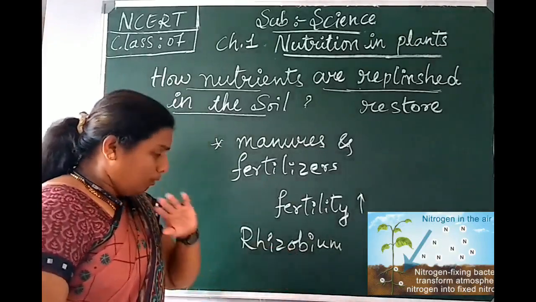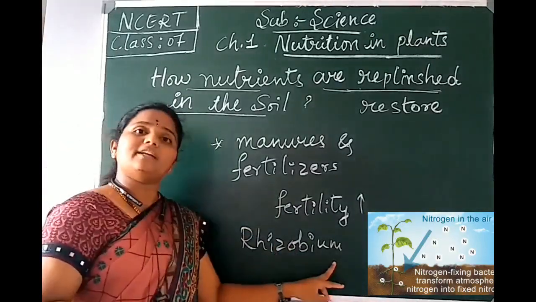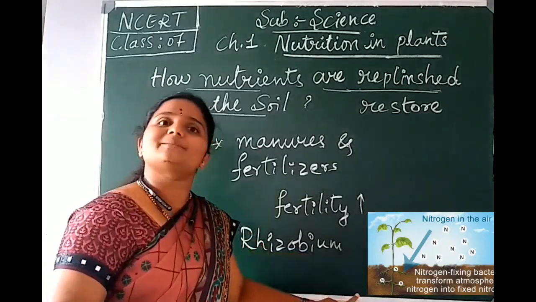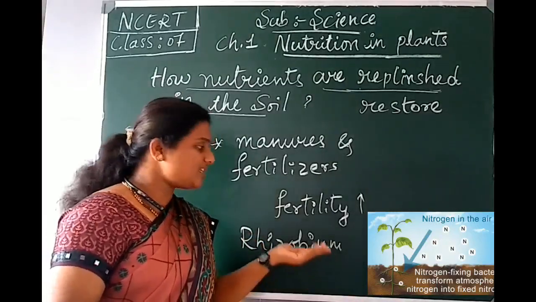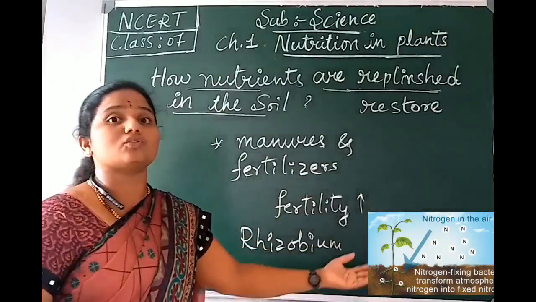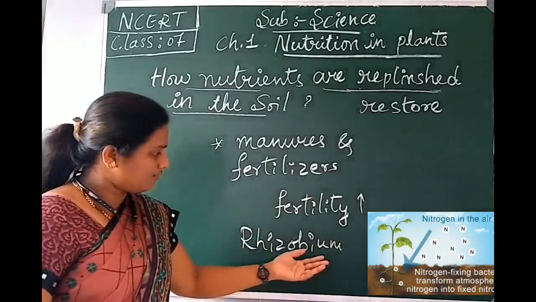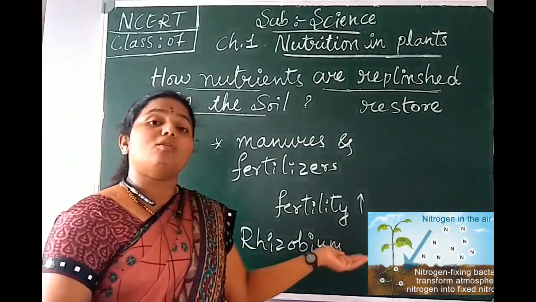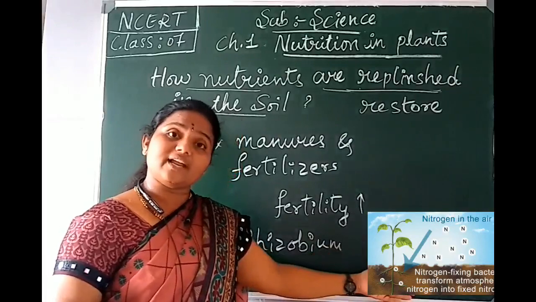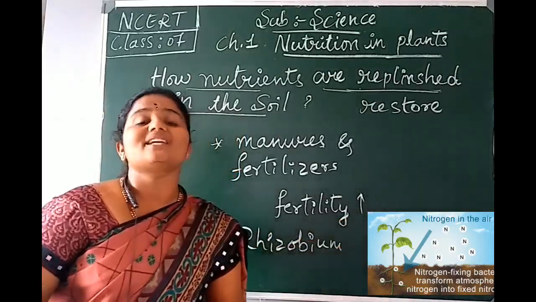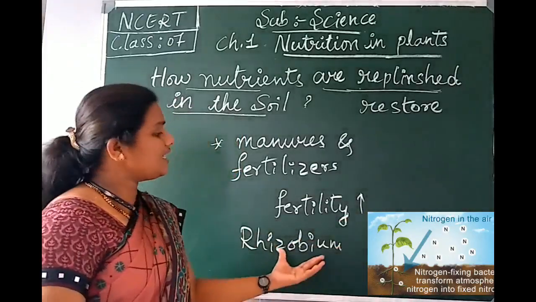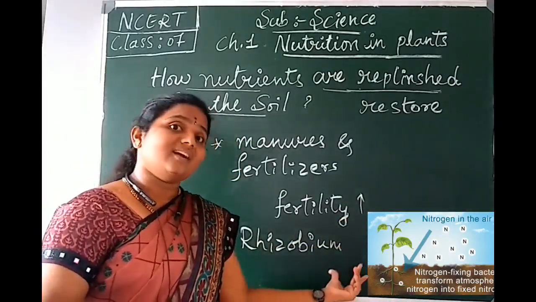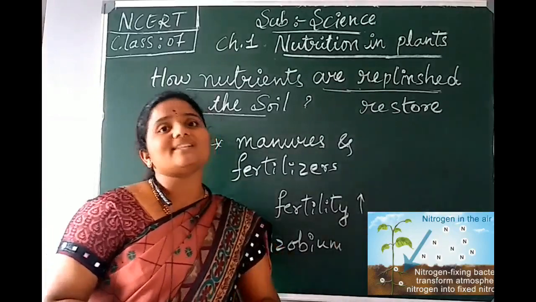The rhizobium bacteria is taking food from the leguminous plants, and in turn the leguminous plants are giving food to the bacteria, and the rhizobium is giving minerals, nutrients, water to the leguminous plants, and particularly a nutrient like nitrogen.